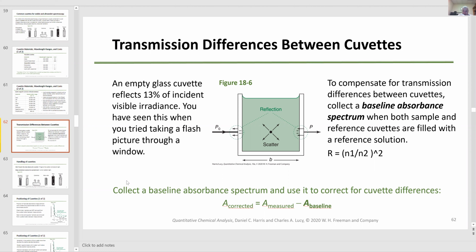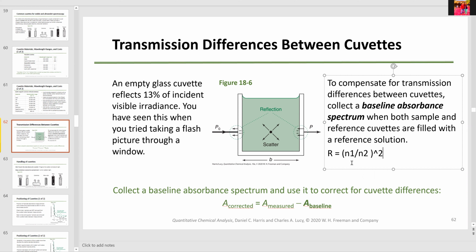Okay, now let me ask a question here. What are N1 and N2? Is it the coefficient, Dr. Tim?